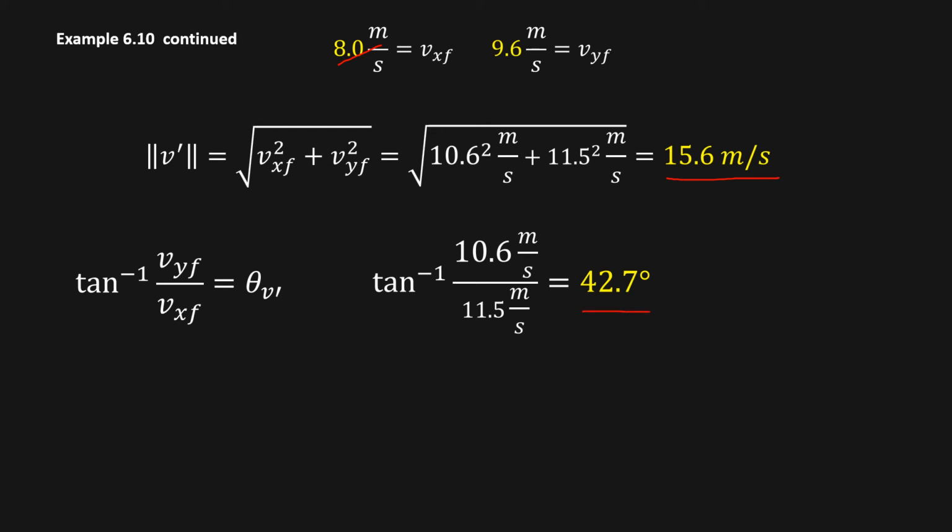Because both of these are positive, we don't have to worry about the quadrant. So we have 10.6 meters per second, this is the y, and 11.5, that's the x.